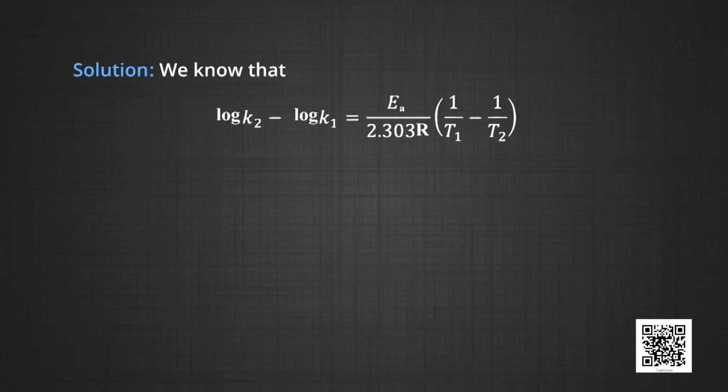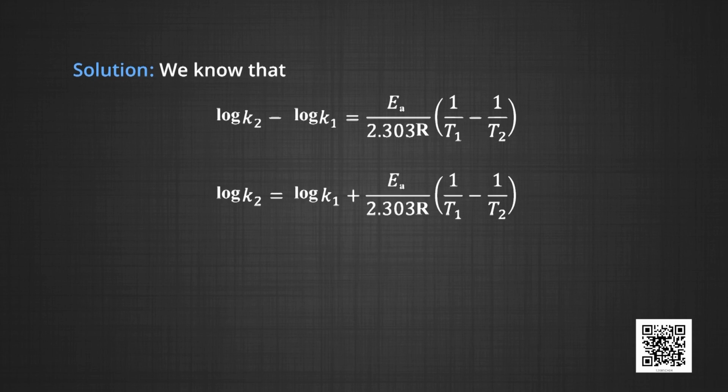Now let's solve it. We know that log K2 minus log K1 is equals to EA divided by 2.303 R into (1 by T1 minus 1 by T2). Log K2 equals to log K1 plus EA by 2.303 R into (1 by T1 minus 1 by T2).